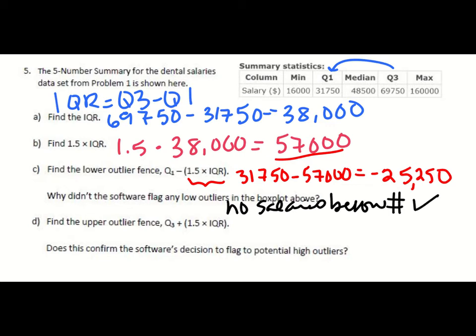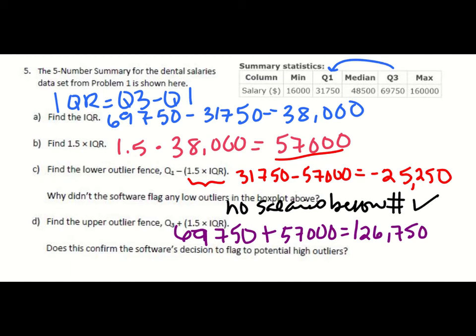So you're good. Okay, so the upper outlier fence, you'll do quartile 3, which was the 69,750 plus my 57,000, which is going to equal $126,750. And that tells me that anything above that dollar amount is an outlier.